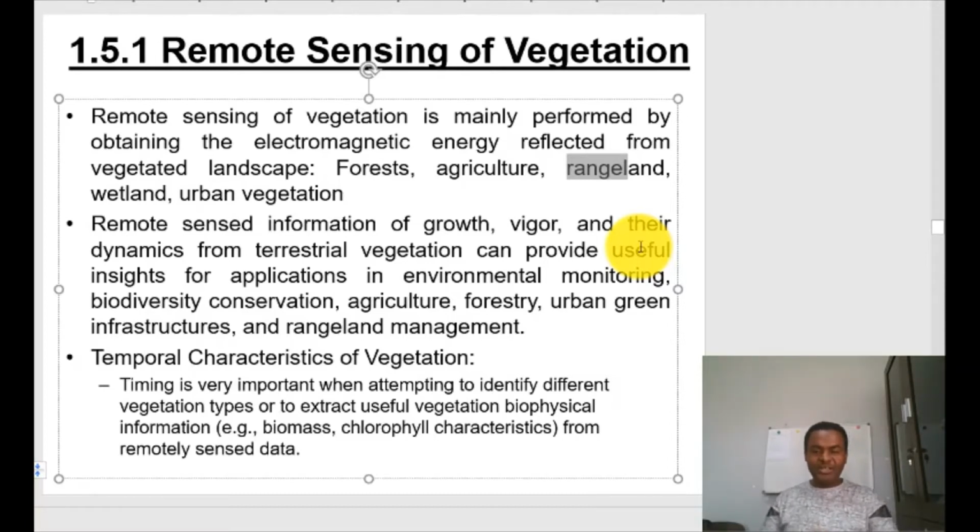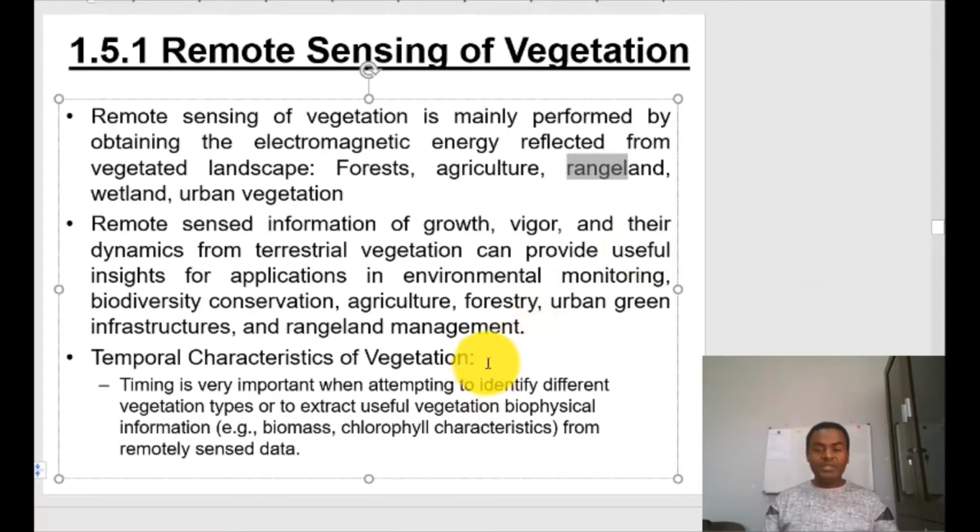We know that water vapor creates absorption of electromagnetic energy. This, in turn, creates less electromagnetic energy available for remote sensing, and hence no data is collected during rainy season. It is very difficult to acquire data during rainy season.